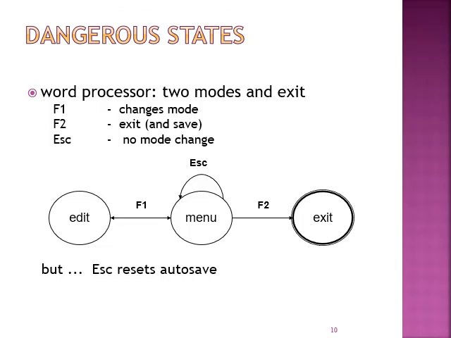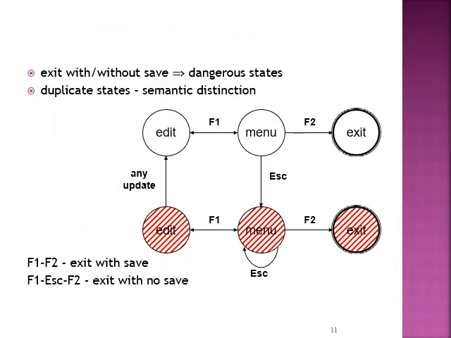You switch between these modes with the F1 key. In addition, from the menu, you can exit the word processor by hitting the F2 key. If the text has been altered, it is automatically saved upon exit.